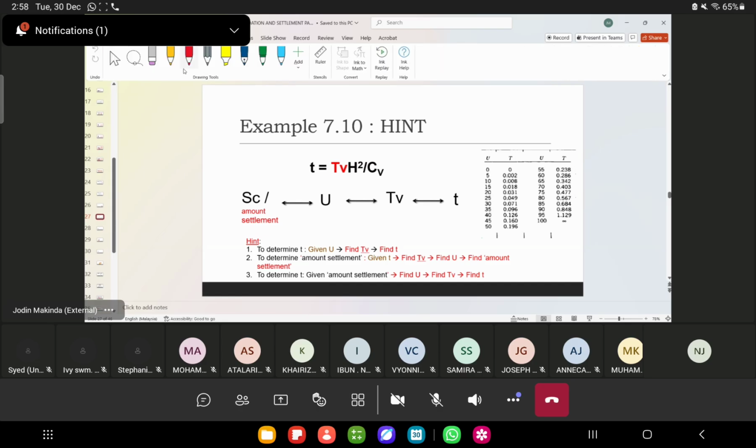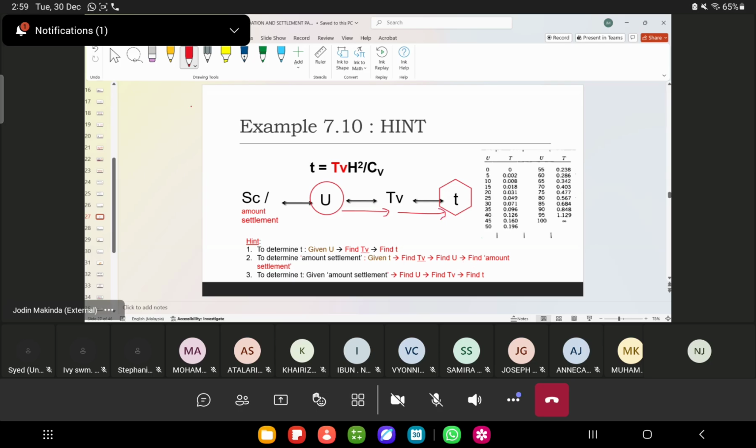All right. Let me repeat again. If we are given U and you have to find time, what you can do is use U to find time factor and use time factor to find time in that direction.